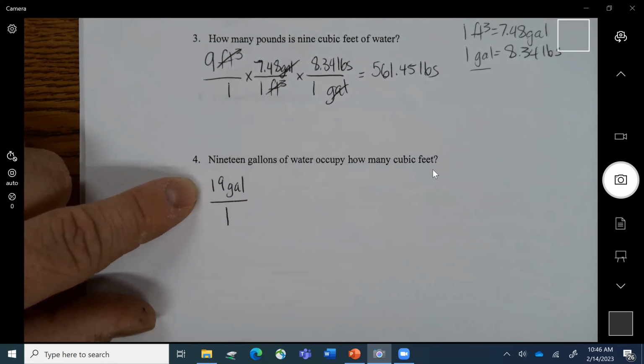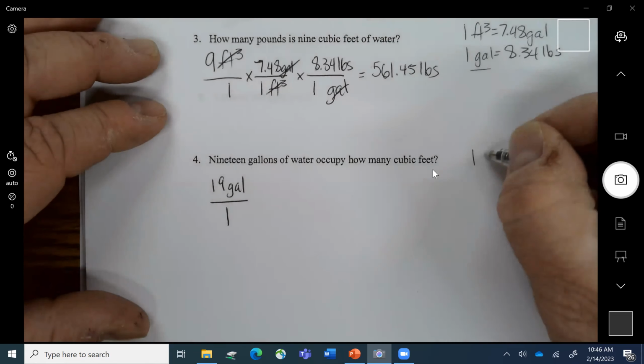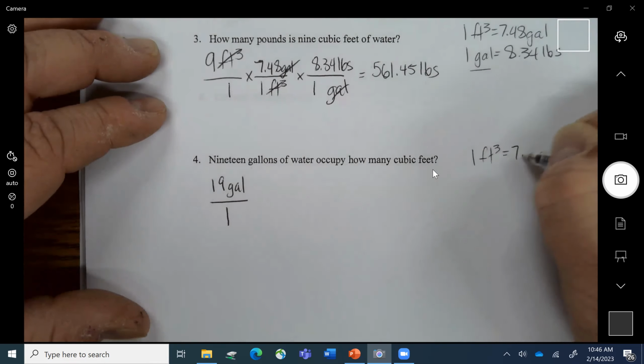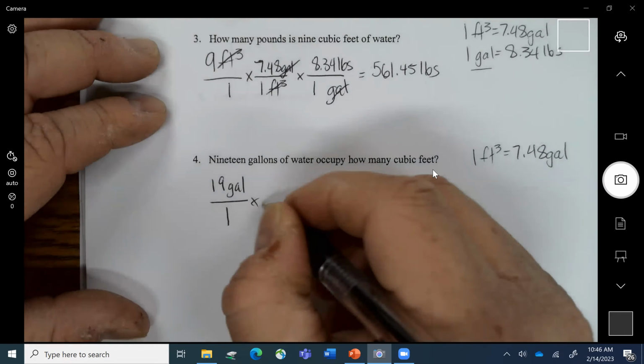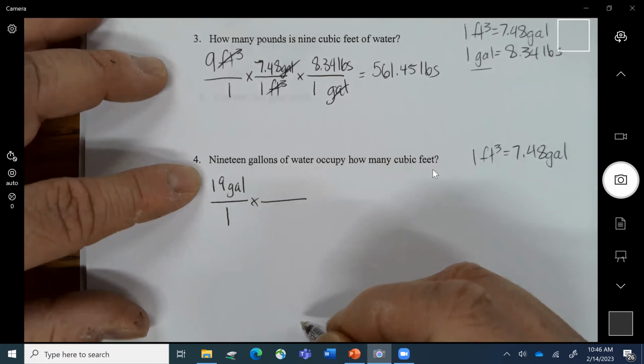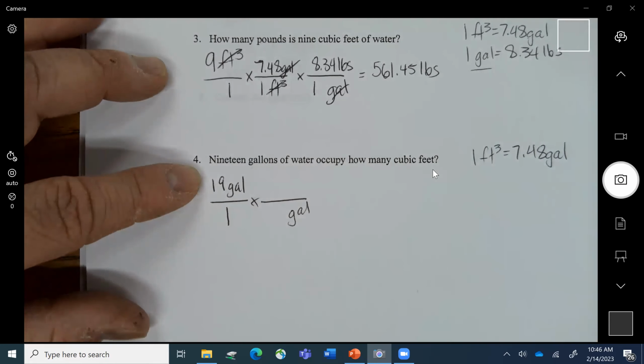Anyway, 19 gallons of water will occupy how many cubic feet? I'm starting with 19 gallons, so I write it first, put it over 1. Well, I know that 1 cubic foot equals 7.48 gallons. So if gallons are up top here, where do they need to be to cancel? They would go here.